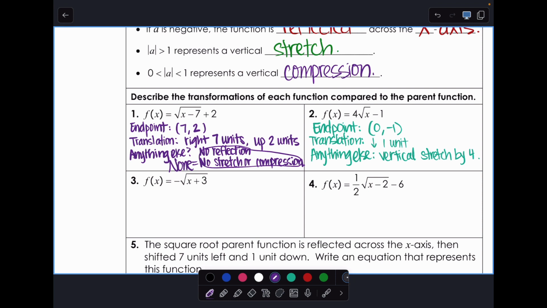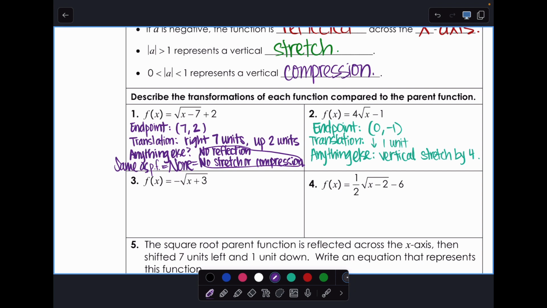Can I put it shorter? Same. I wrote it on the test for you. For the translation part, you just need to write it out. Same as parent, PF, you could say that too. You could say none. You could say same as parent graph or parent function.